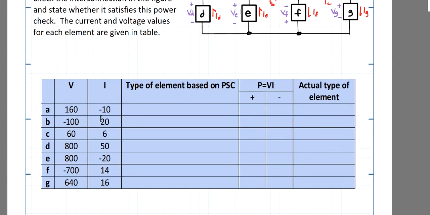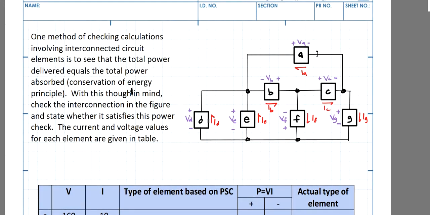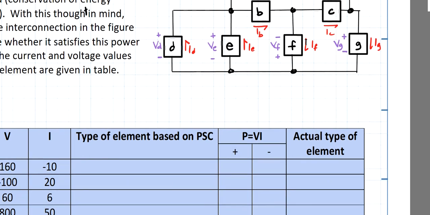So first is letter A. For letter A, we have the current that enters the negative terminal. Positive current enters the negative, so that's going to be active, right? If it's active, that should be negative.